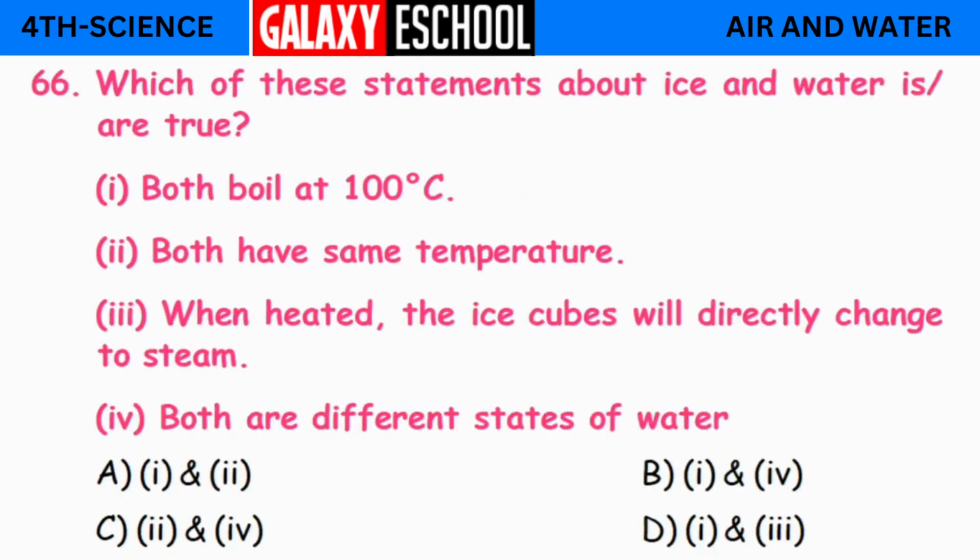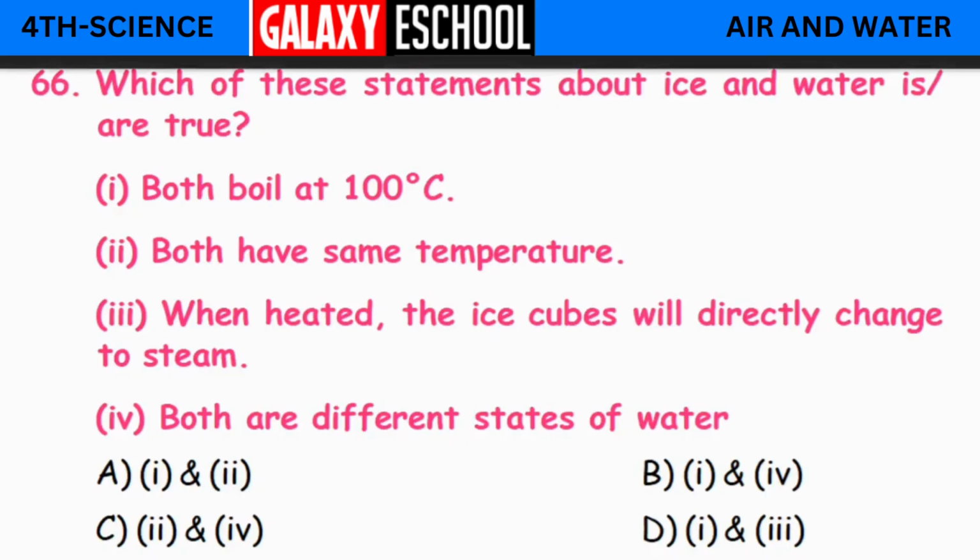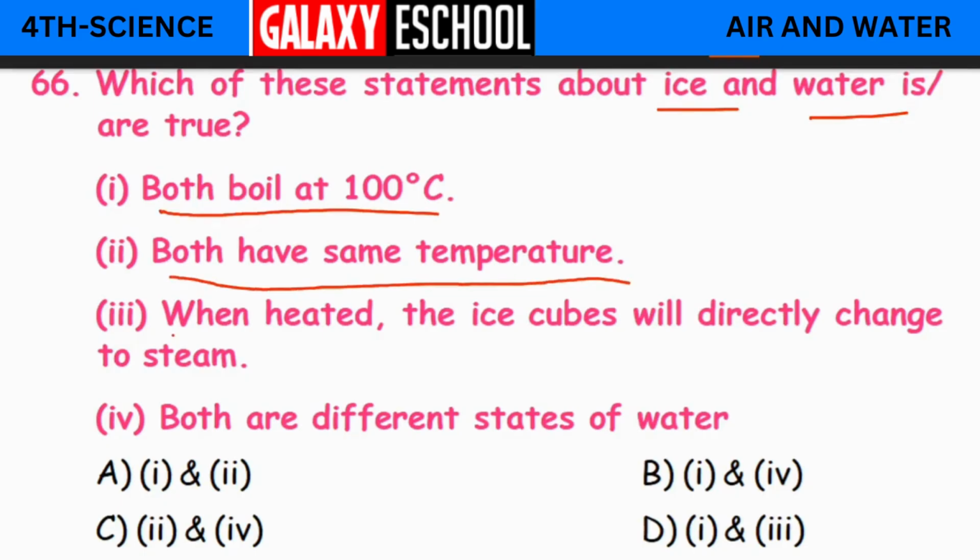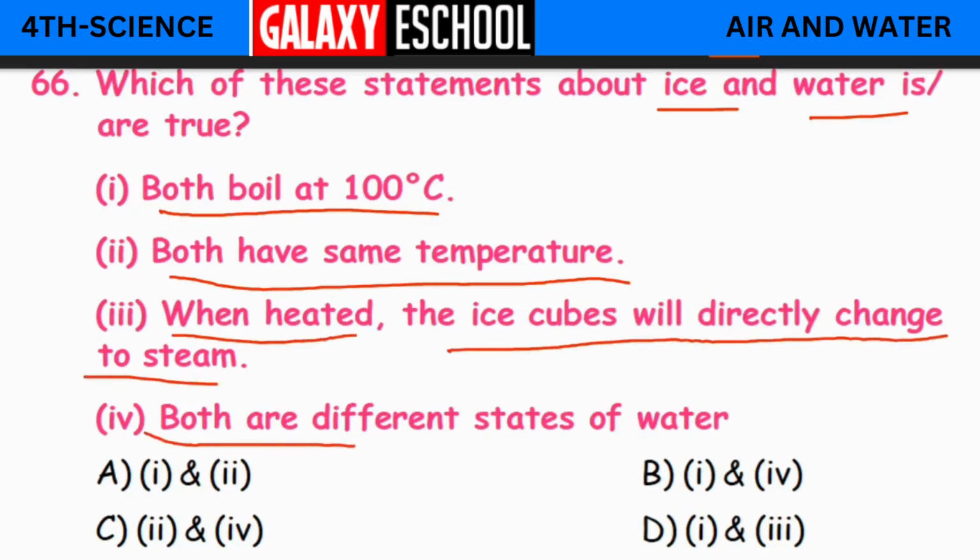Clear, children? Yes. Now 66th question, children. Which of these statements about ice and water is or are true? The options are: both boil at 100 degrees Celsius, both have the same temperature, when heated the ice cubes will directly change to steam, or both are different states of water.